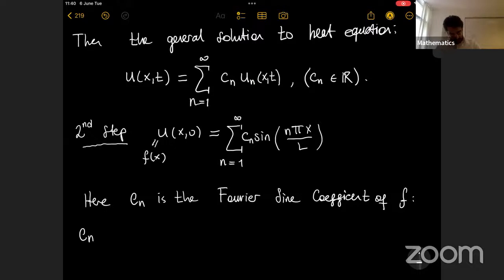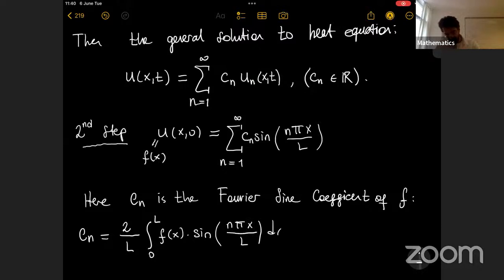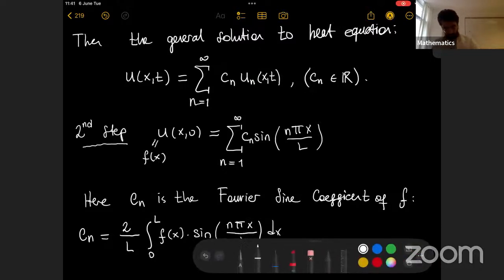So c_n is equal to 2 over L times the integral from 0 to L of f(x) times sine n pi x over L dx.